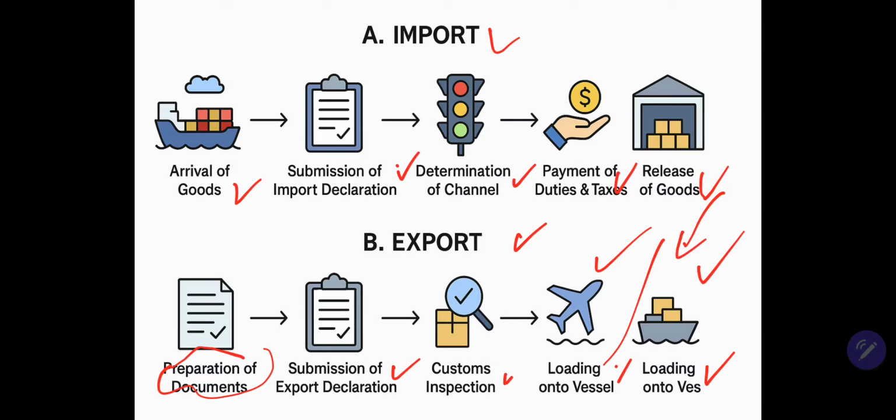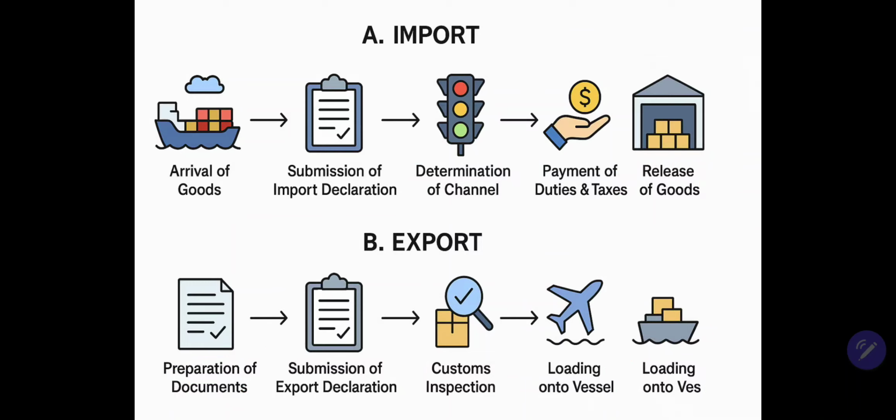I will explain step by step all of this process. This is the custom clearance process for both import and export activities. It shows the step-by-step flow starting from arrival or preparation of goods, submission of custom declaration and inspection procedures, and ending with the release of imported goods or the loading of exported goods onto vessel.